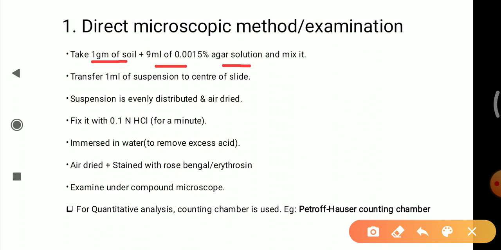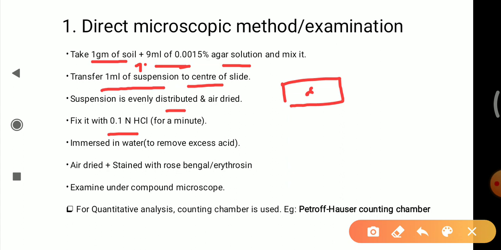After that, we take 1 ml of the suspension to the center of a slide, evenly distribute it, and air dry the slide. After air drying, fix it with 0.1 normal HCl for 1 minute. It is a chemical fixative.